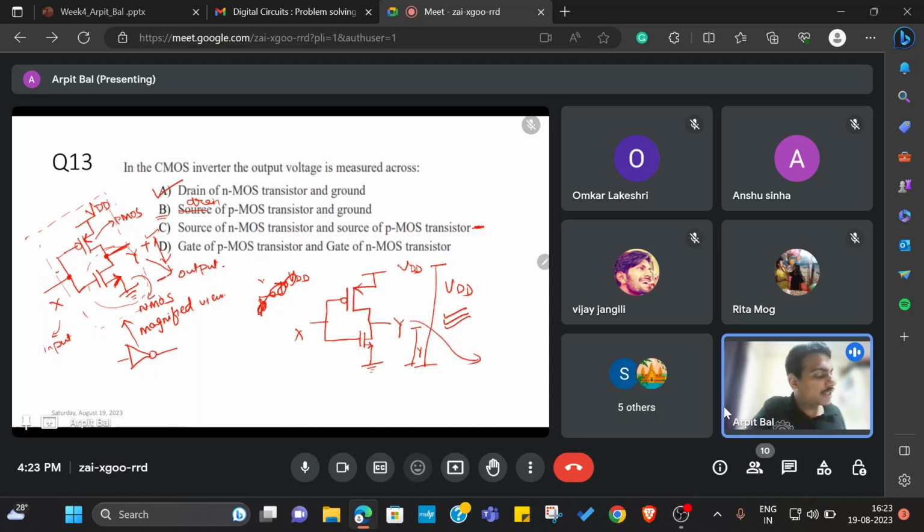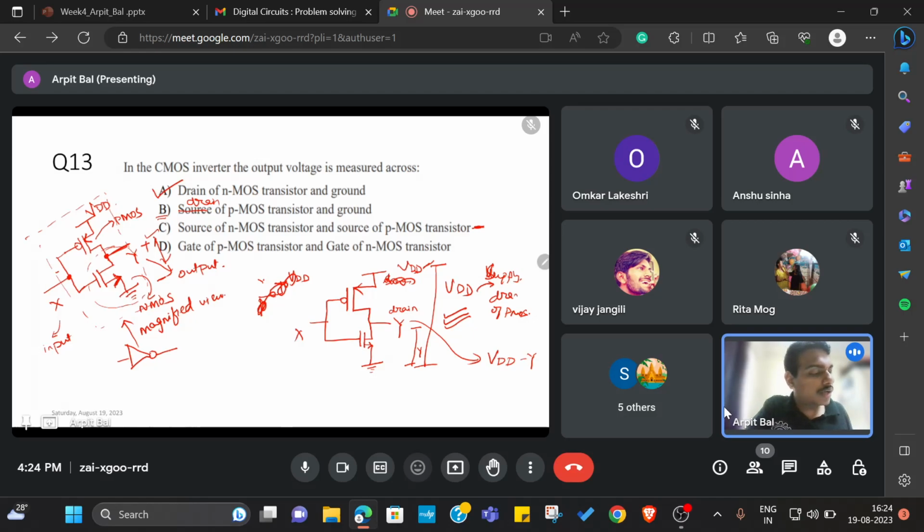Let us say you are taking VDD as a reference, so you can also mention it as VDD minus Y. So I could have also said that if you are taking the output between the source of PMOS, or else if I say that you are taking the output between the supply and the drain of PMOS, then also the answer would have been correct, because we are just changing the reference, right?